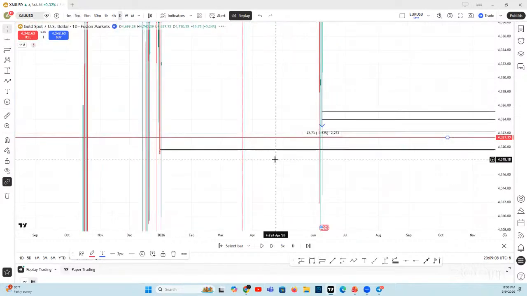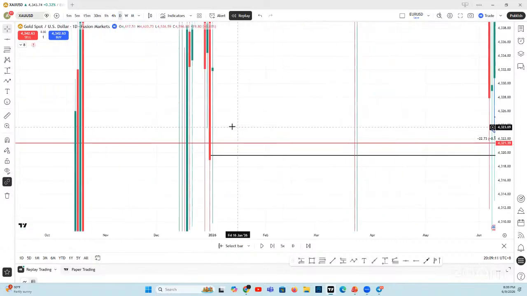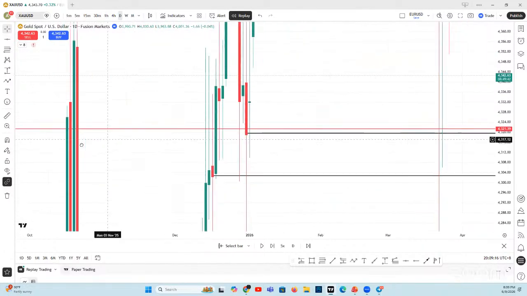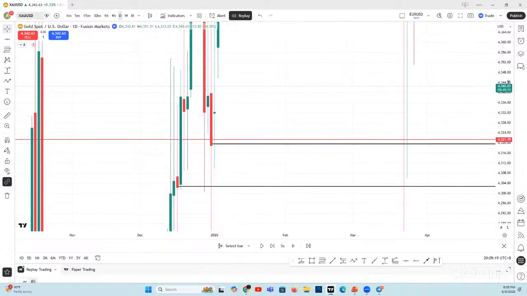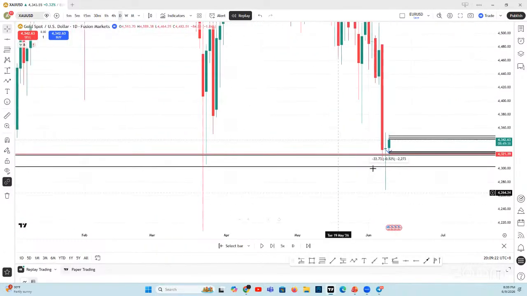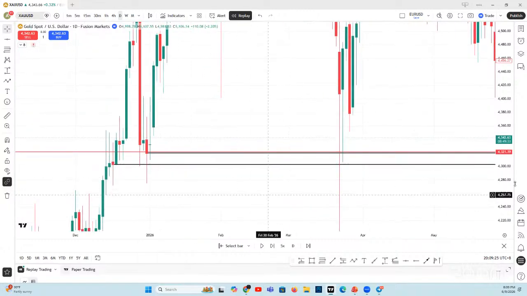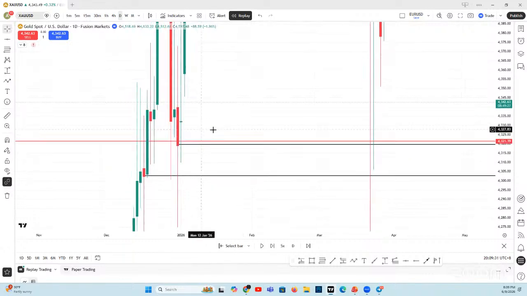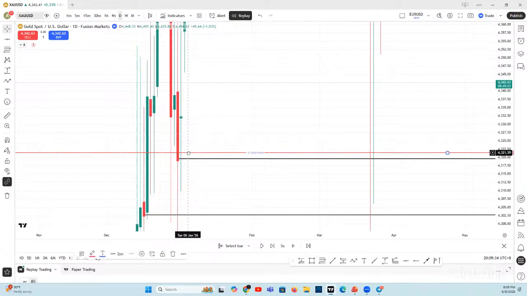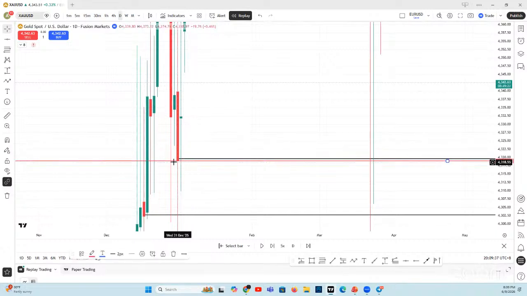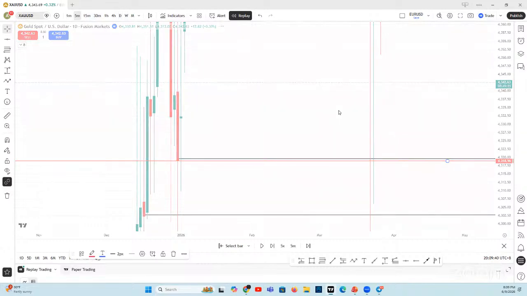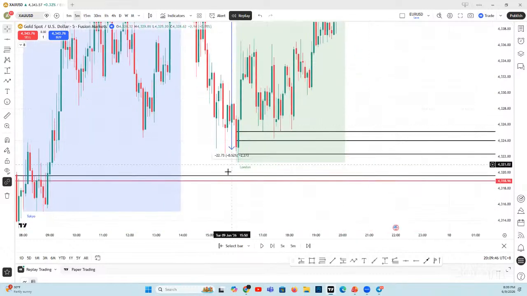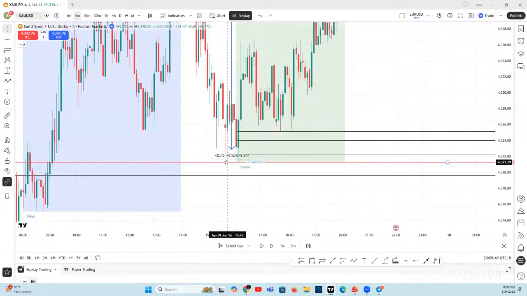I want to know why exactly it's reacting there. It could be because of this, the placement of the, okay, and 5, is it hitting it? No. So I don't know.